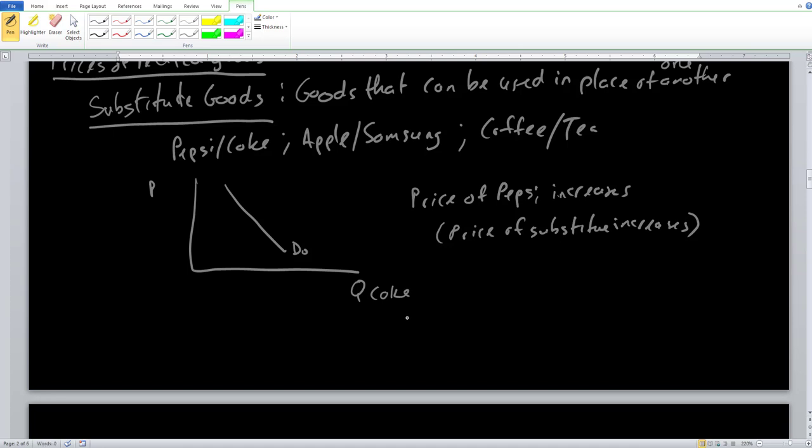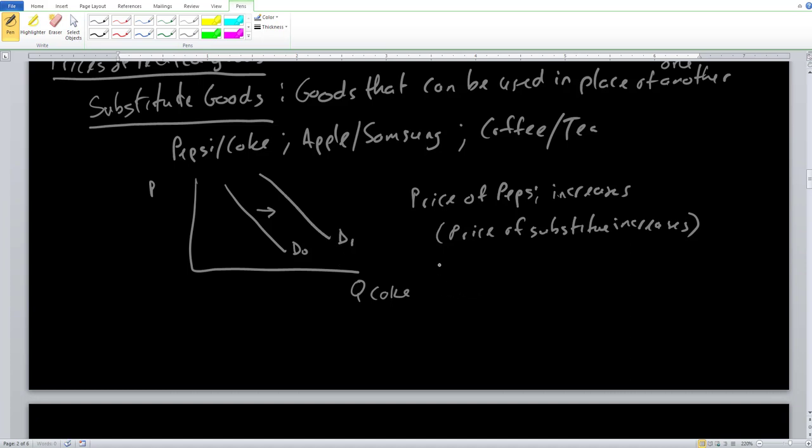So when the price of Pepsi increases, do you want more Coke or do you want less Coke? You only care about the relative prices in this instance. Because Pepsi has gotten relatively more expensive, you say, hey, Coke is a substitute product, so I want more Coke. So demand for Coke is going to increase.